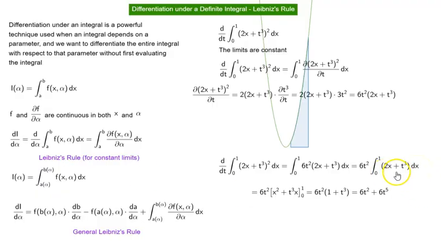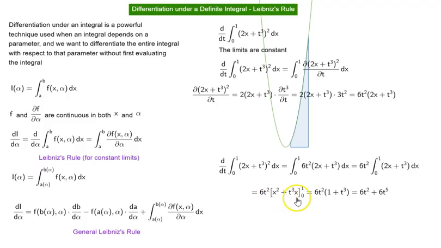Now let's take care of this integral. So 6t square times (x square plus t cube x), because remember, we are integrating with respect to x from 0 to 1.